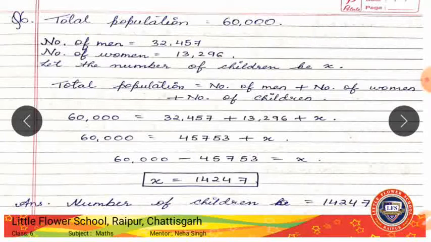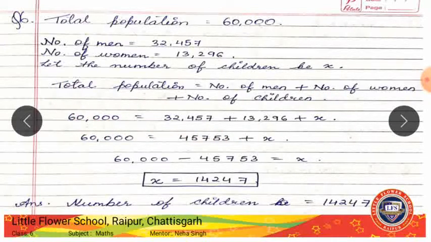So in this, we know the total population, we know the number of men, we know the number of women. So can we find the number of children? Yes. So total population given is 60,000. Number of men will write, number of women will write, number of children we don't know. So we have taken, let the number of children be x. So the equation we got is this.